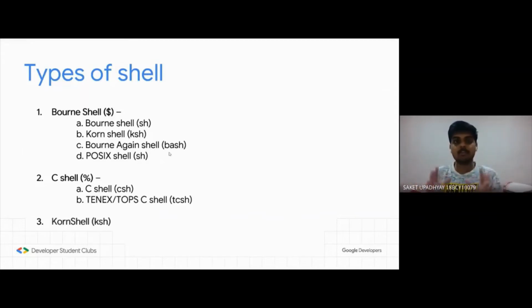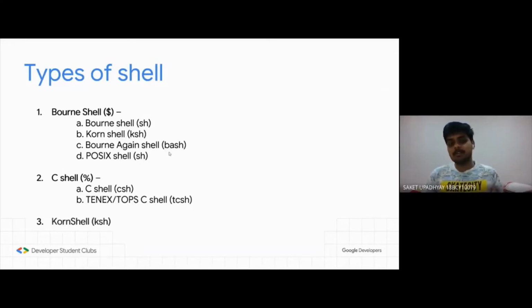As we know, the shell is a program, so these are the different types of shell available. Personally, I've never used C shell or Korn shell, but zsh, sh, bash, and POSIX we have used in multiple scenarios, and we use them daily for developer purposes. These are the basic shells.